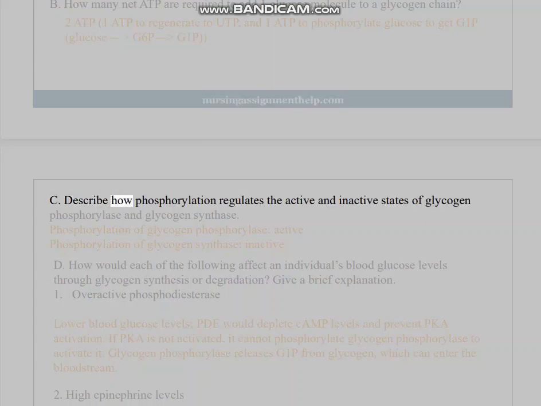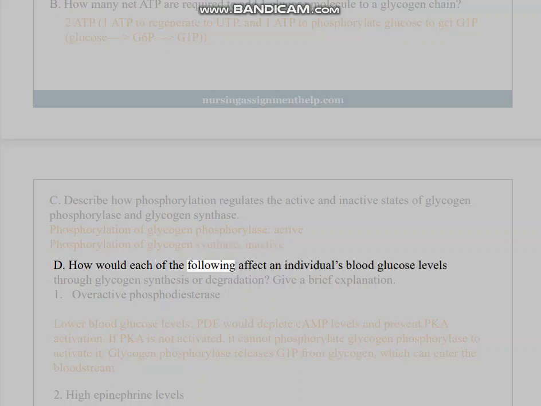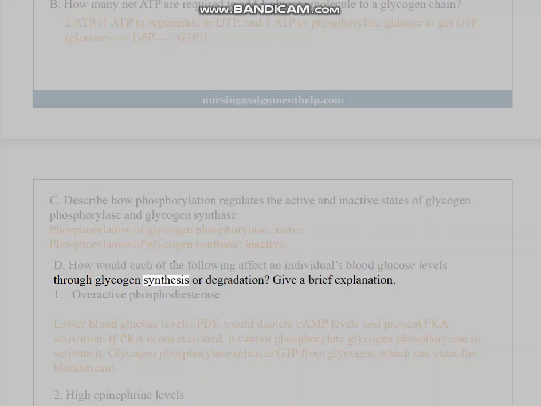C. Describe how phosphorylation regulates the active and inactive states of glycogen phosphorylase and glycogen synthase. Phosphorylation of glycogen phosphorylase: active. Phosphorylation of glycogen synthase: inactive. D. How would each of the following affect an individual's blood glucose levels through glycogen synthesis or degradation? Give a brief explanation. 1.